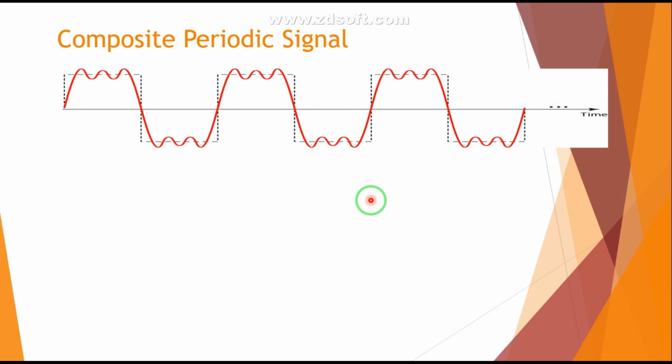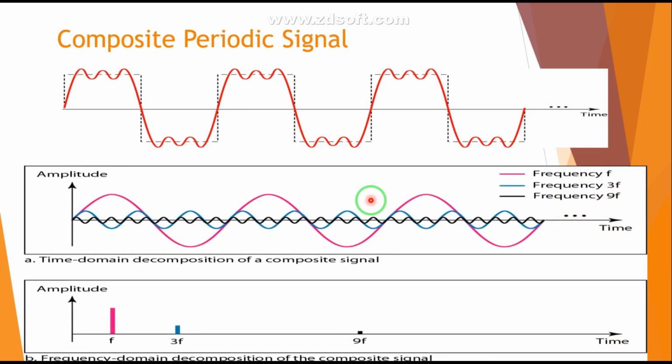Now you can see a composite signal. Now we have added these 3 harmonics. If you look at the figure, 3 harmonics are there: frequency F, frequency 3F shown in blue color, and frequency 9F shown in black color. So these 3 harmonics we are going to add, and we get a waveform closer to the square wave.